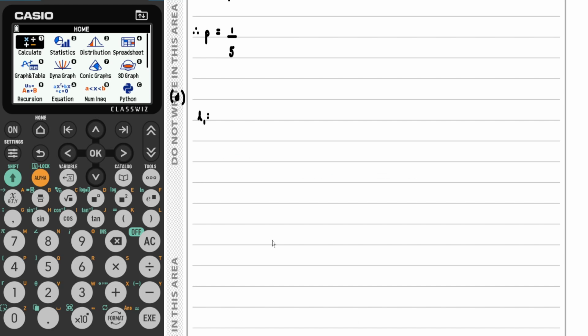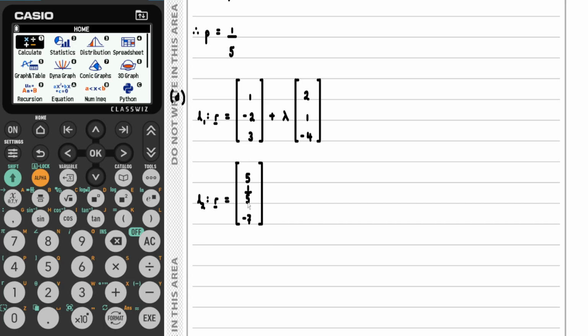So the line L1 has equation r equals (1, -2, 3) plus lambda times (2, 1, -4), and the line L2 has equation (5, 1/5, -7) plus mu times (6, 1, 8).